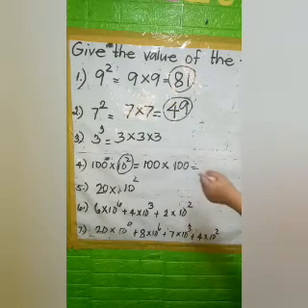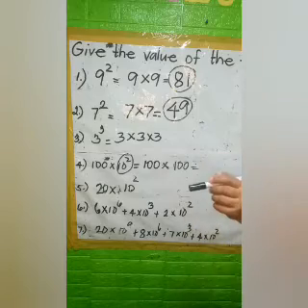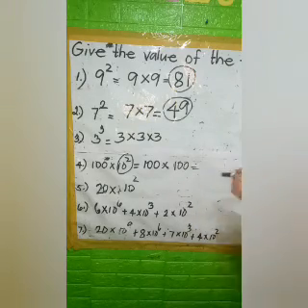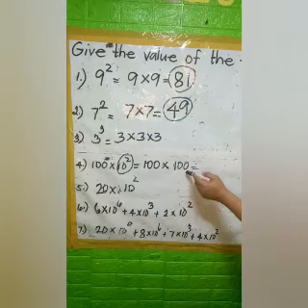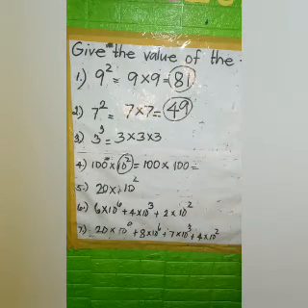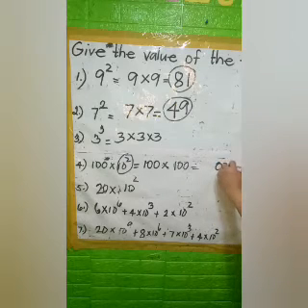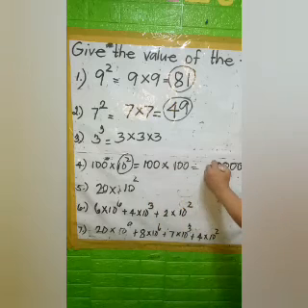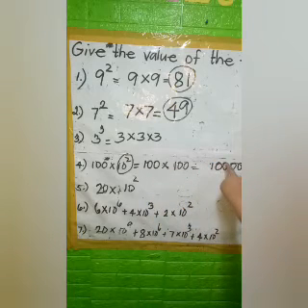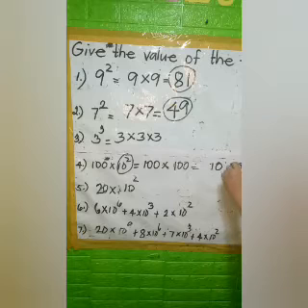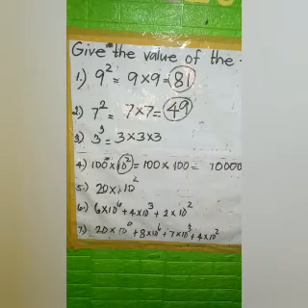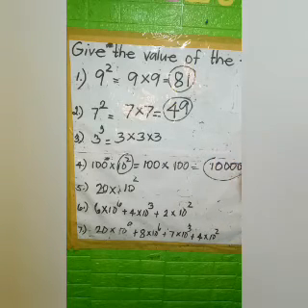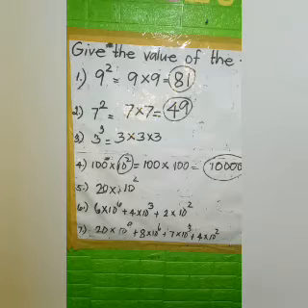No need to tabulate it or write it down. All you have to do is count the number of zeros. 1, 2, 3, 4. So we have 4 zeros. Then multiply the remaining number. 1 times 1, that is 1. So the answer here is 10,000. So that is the answer that we are looking for.